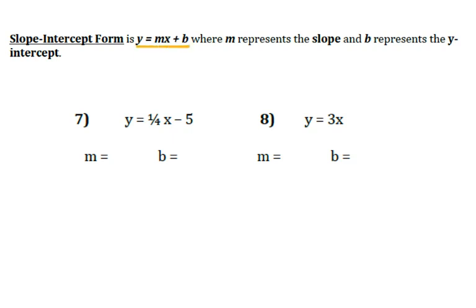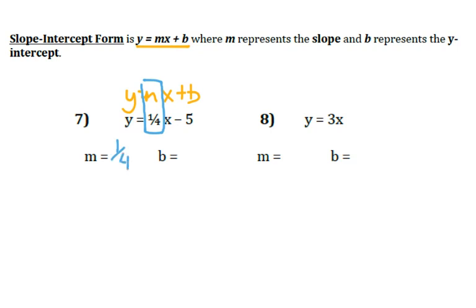And when we're looking at an equation in this form, really what we can do is write that form right above the equation. So let's look at number 7. If I write the form right above it, y equals mx plus b, I can identify exactly what our slope and y-intercept are. Our slope is represented by m, and so m in our equation on number 7 is 1/4.